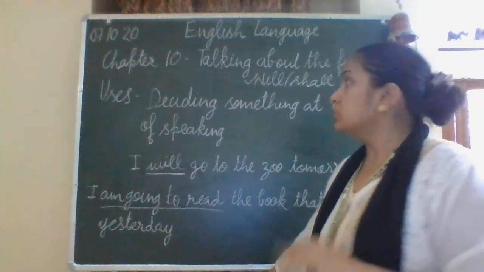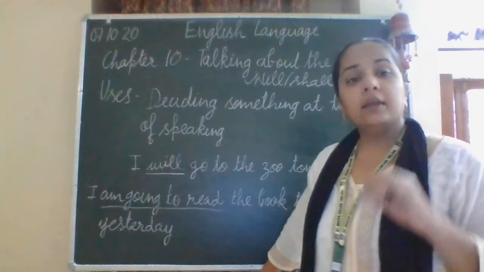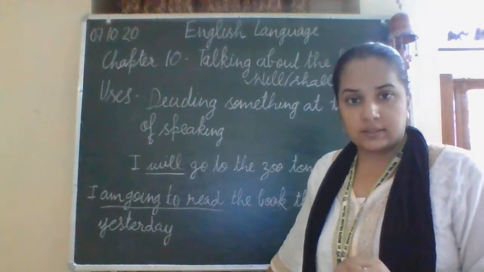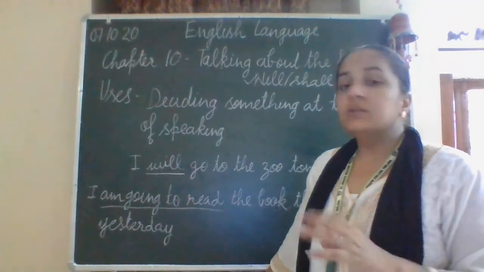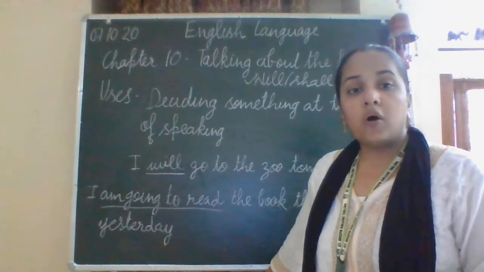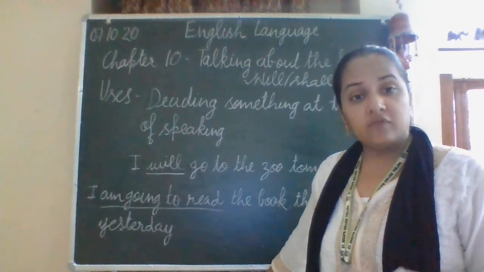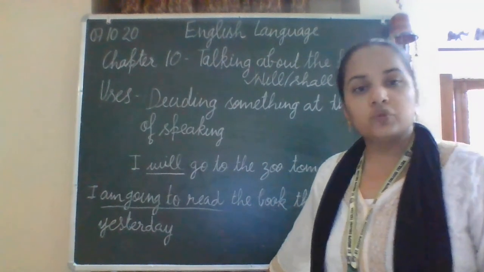We can use only will in all such sentences, in all such conditions. So these are the general rules of the future tense, that is, the cases in which we will use the future tense.